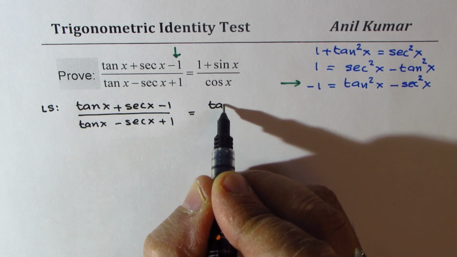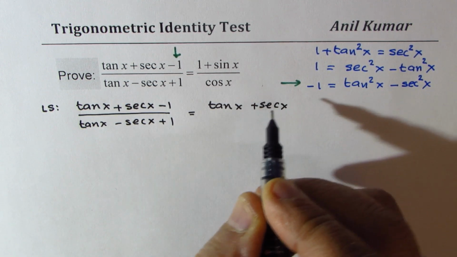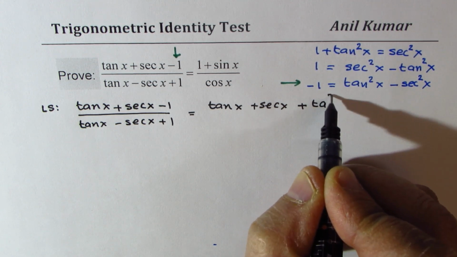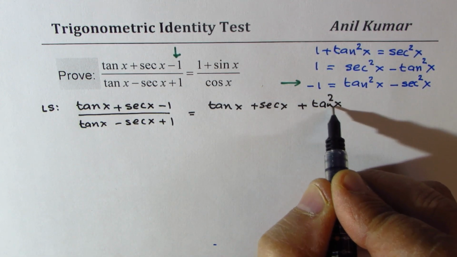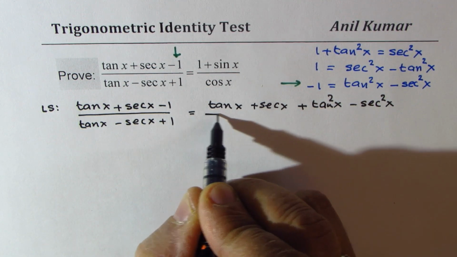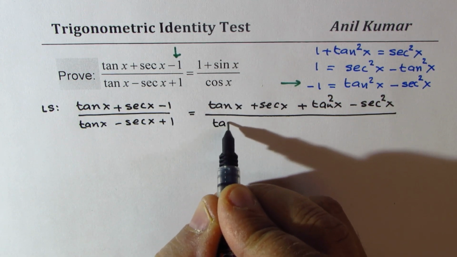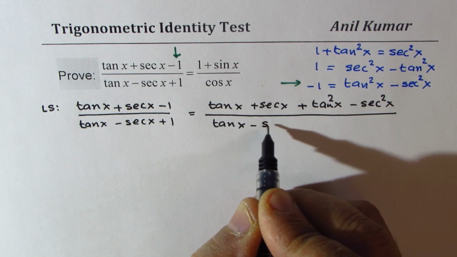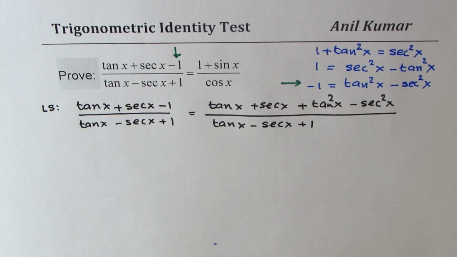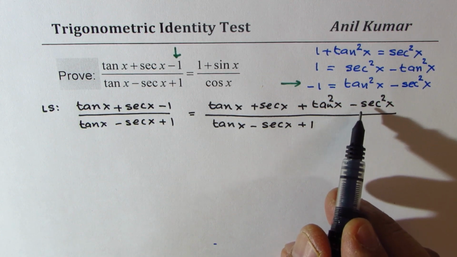So we get tan x plus secant x, instead of minus 1 we'll write plus tan square x minus secant square x, divided by tan x minus secant x plus 1.